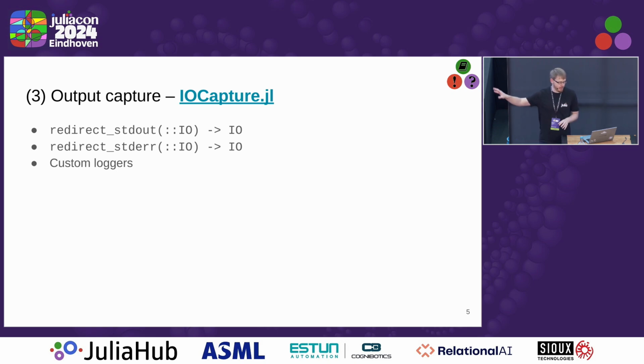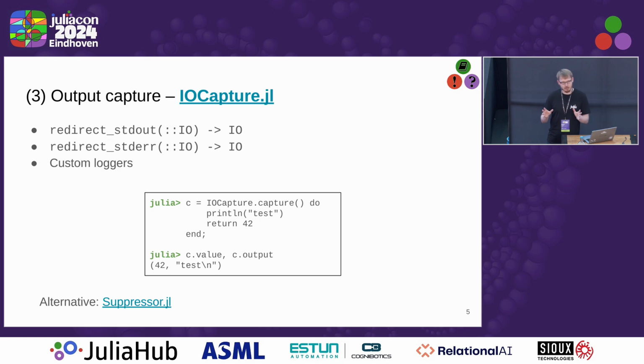The naive implementation using redirect_stdout will often hang your program because some buffer gets filled up and everything hangs. So IOCapture.jl is a pretty tiny package, but we figured out some of these edge cases. You can just use this do block syntax, and any code that executes within the do block, any output from that code is going to get captured.